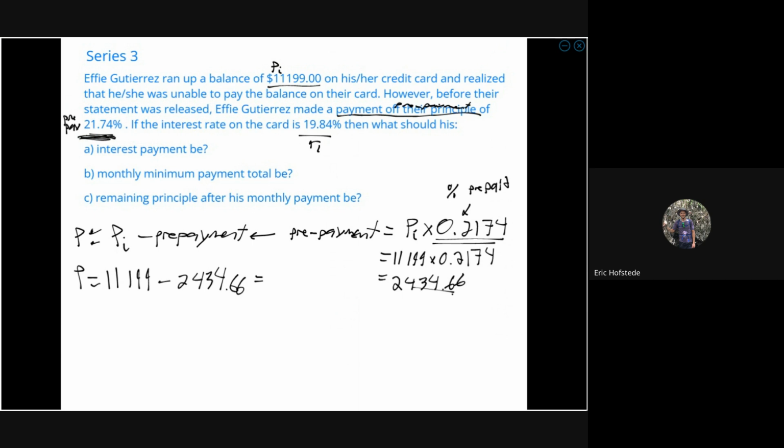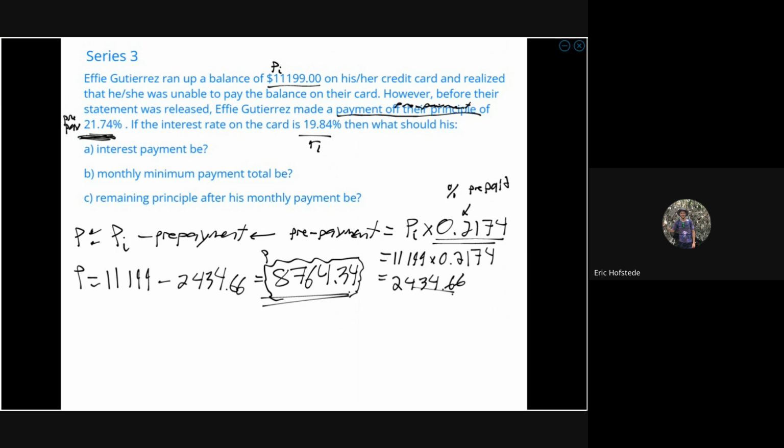And I'm getting an amount still owing, a balance still owed, a starting principal of $8,764 and let's call it 34 cents. $8,764.34. Okay, so that again is an important number. That is my principal for the rest of the question.